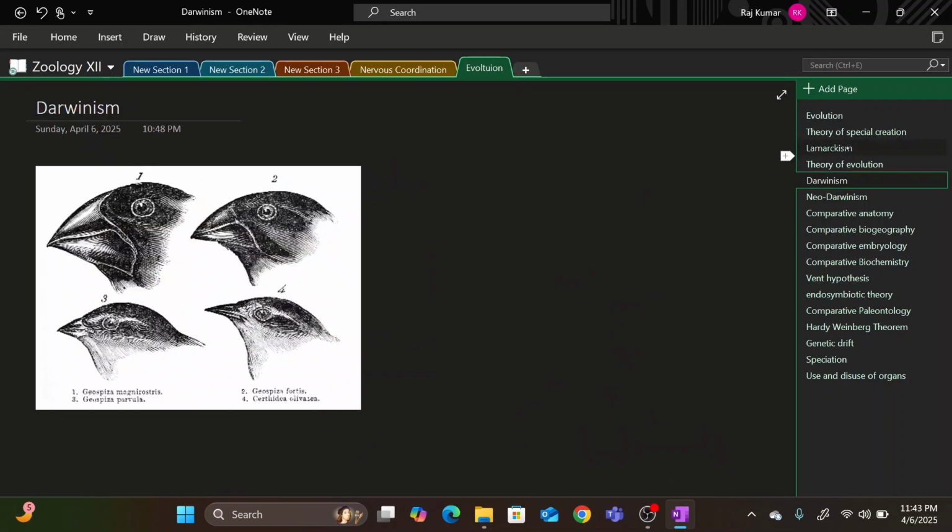All right, so now let's come on to the next point, which is Darwinism. Darwinism was something which plays a major role in genetics, in evolution, and again in population genetics as well. So let's understand what it was.